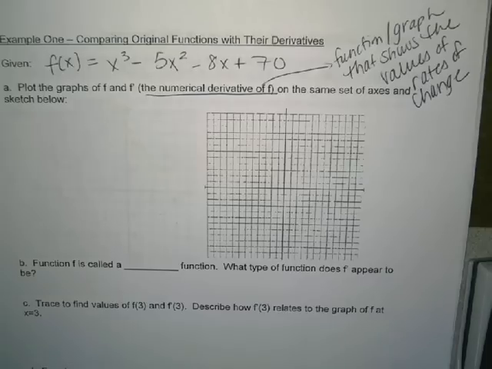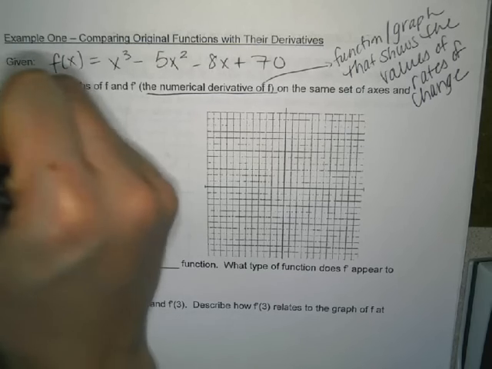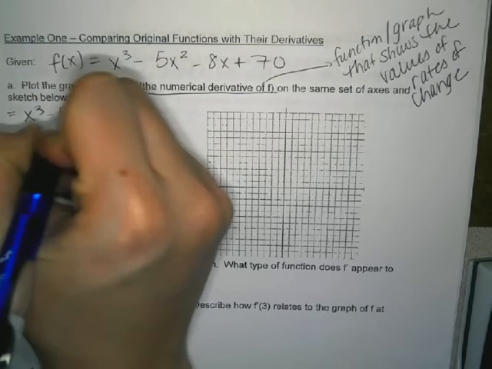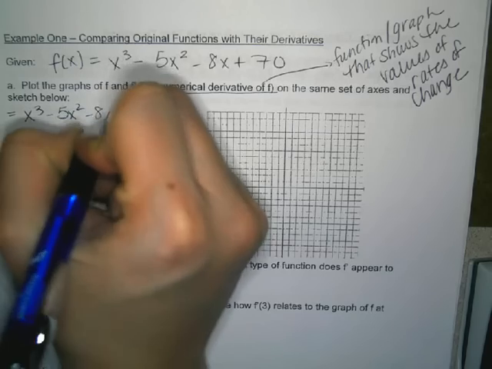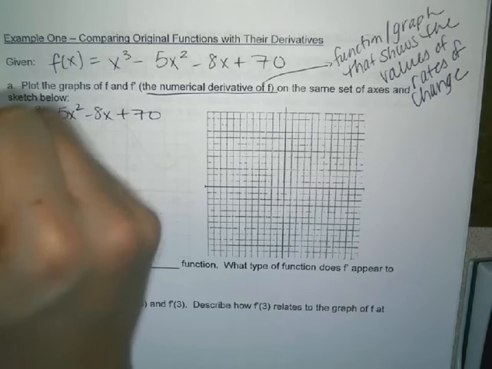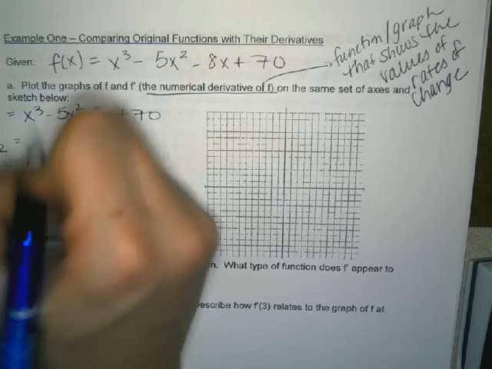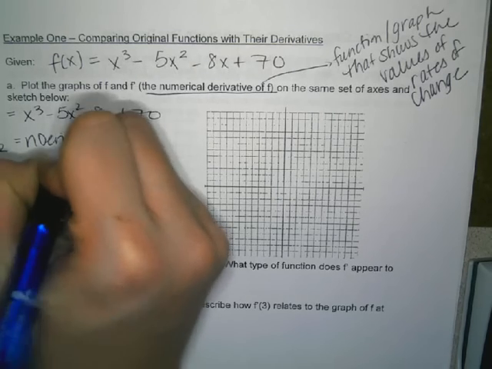So in y sub 1, we're going to put x cubed minus 5x squared minus 8x plus 70. In y sub 2, in our calculator, we're going to put nDeriv(y1, comma, x).